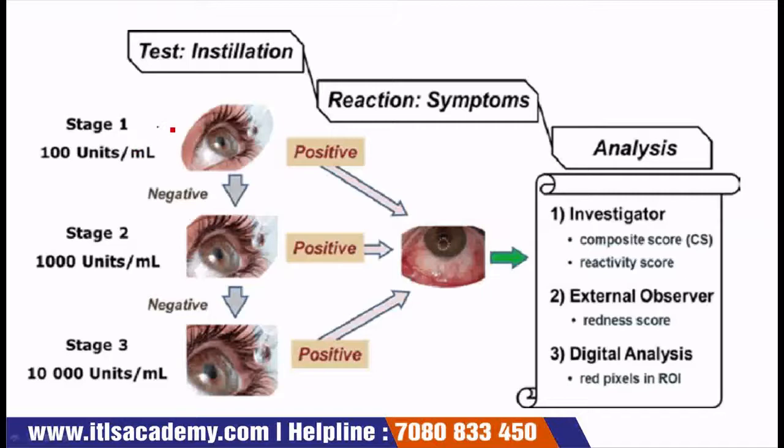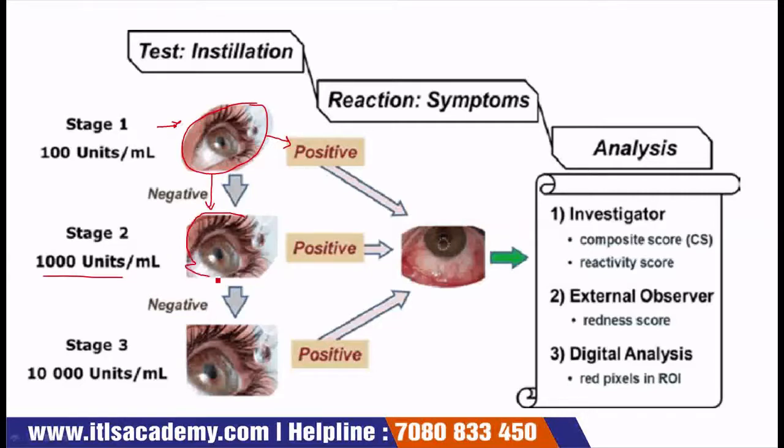If the first test at 100 units per ml is positive, then we go for further analysis. But if it is negative, we go with the second stage, that is 1000 units per ml.